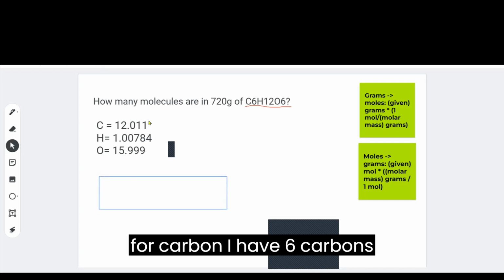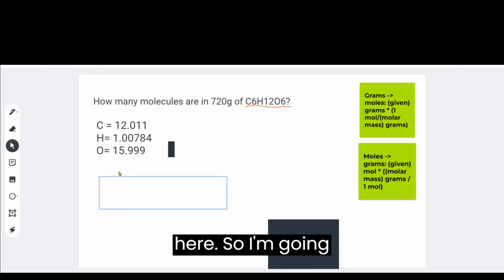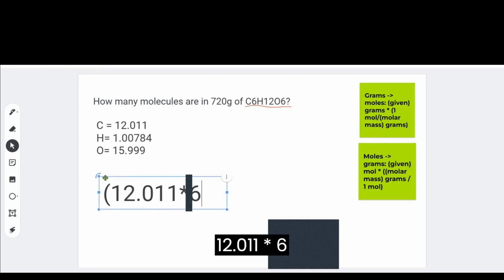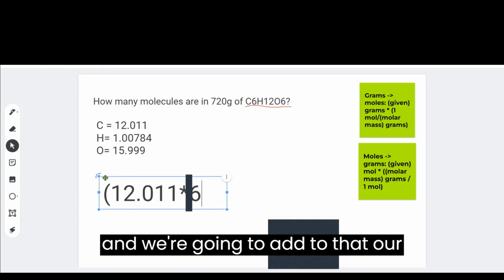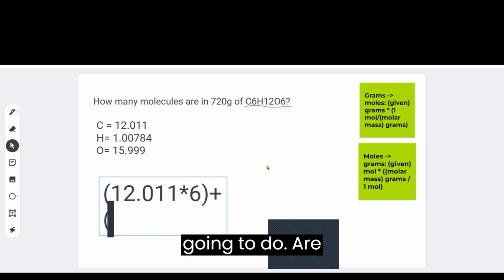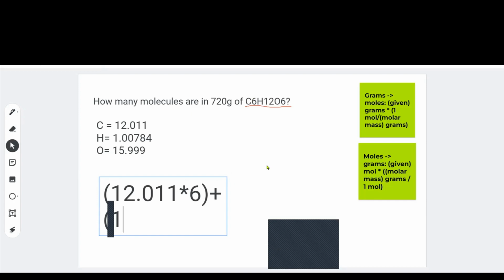For carbon, I have 6 carbons here, so I'm going to multiply 12.011 times 6. And we're going to add to that our hydrogen. We have 12 hydrogens, so we're going to do 1.00784 times 12.